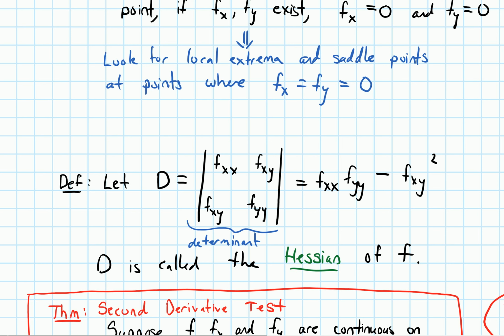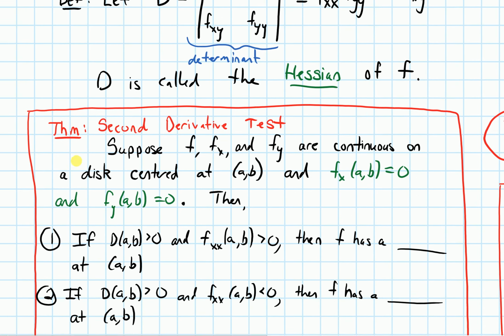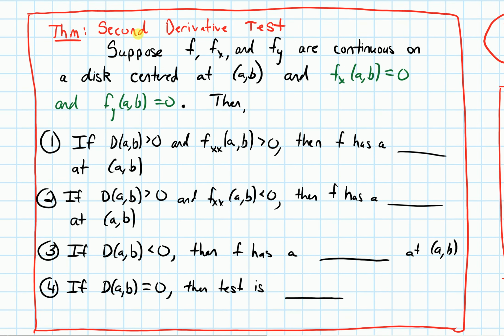But for our purposes, what I want us to know is that D is this determinant, and if we evaluate that determinant, we get fxx times fyy minus fxy squared. So where this determinant is relevant is in determining whether points are local mins, local maxes, or saddle points. And that's what the second derivative test for multivariable functions will describe for us.